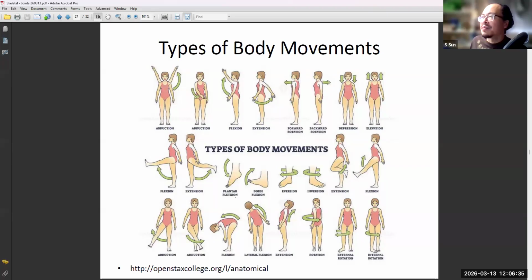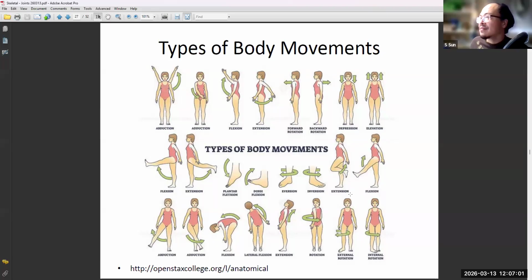Plantar flexion, dorsal means back, plantar means this side. Plantar flexion, dorsal flexion, eversion or inversion, outward, inward.